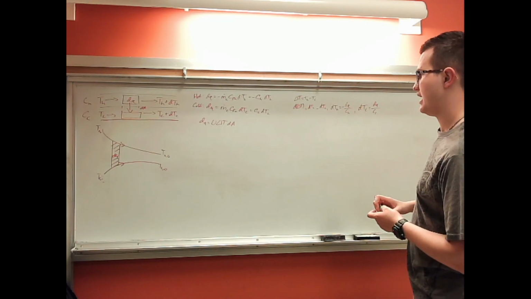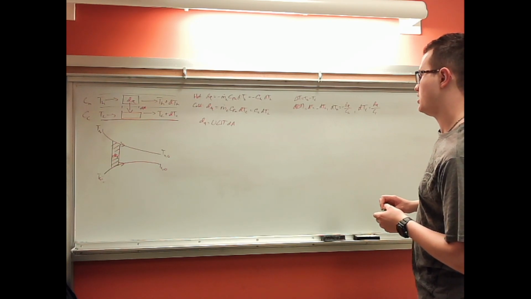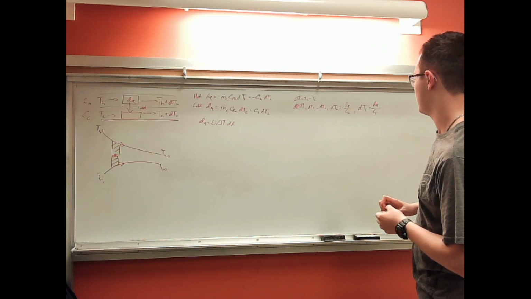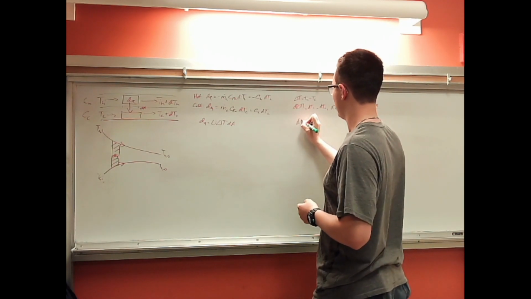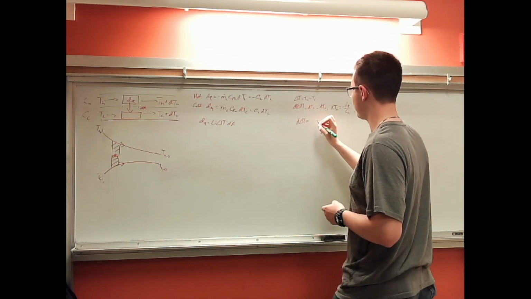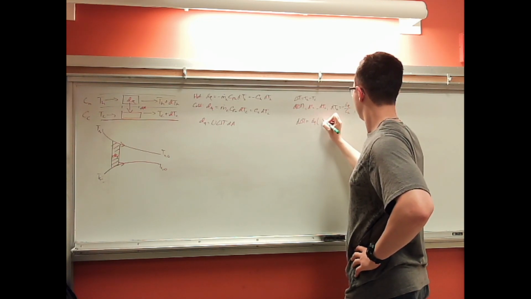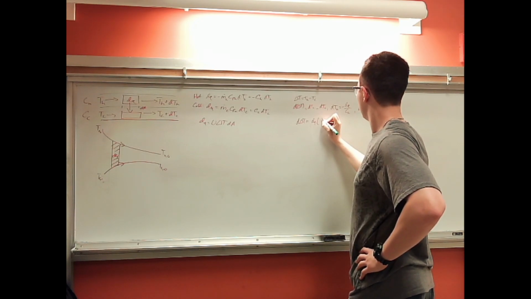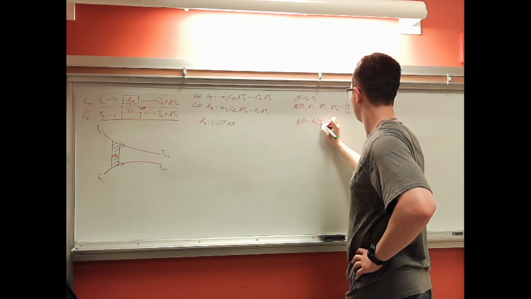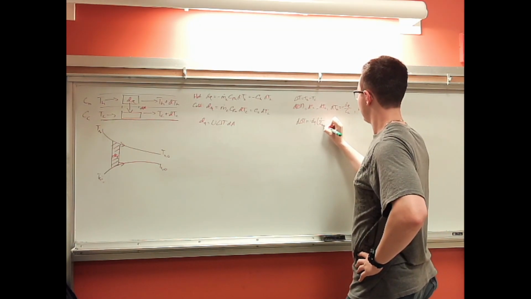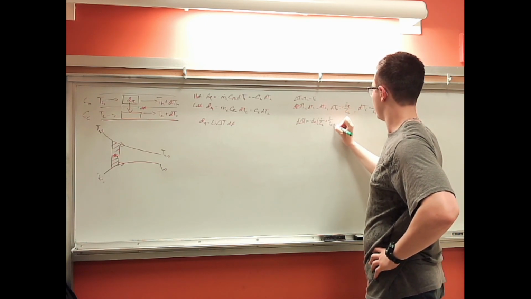So we can substitute that in here to say that the change in delta T is equal to negative dQ times the hot current plus the cold current terms.